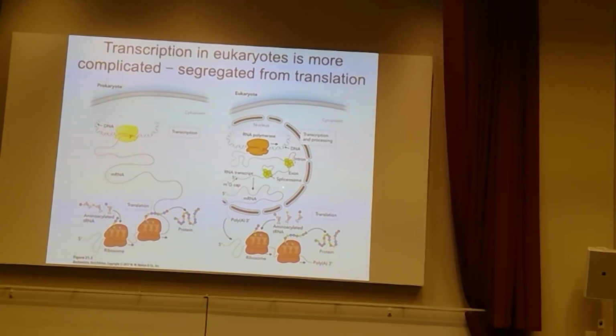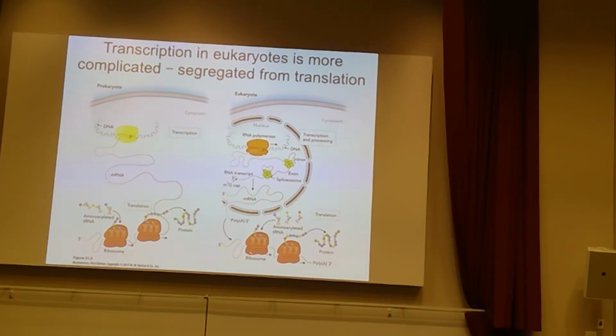That's not the case in a eukaryotic system, where the synthesis of the RNA takes place in a physically different part of the cell than ribosomal-mediated protein synthesis. So in this case, transcription takes place in the nucleus, and there's a lot more processing of the RNA that needs to happen. We generate a mature messenger RNA product, which we'll talk about today.